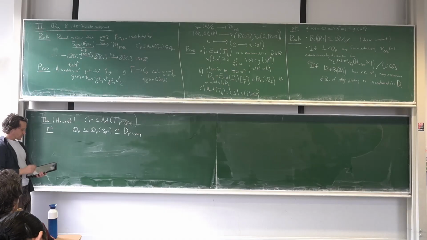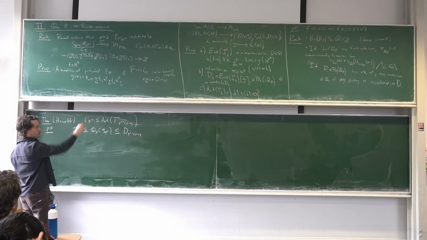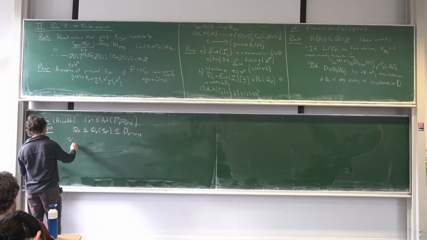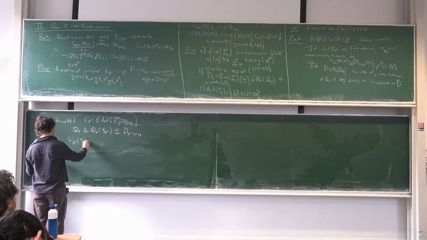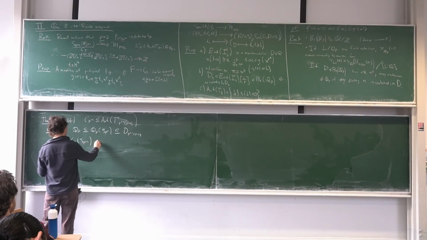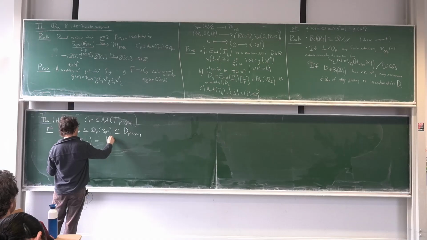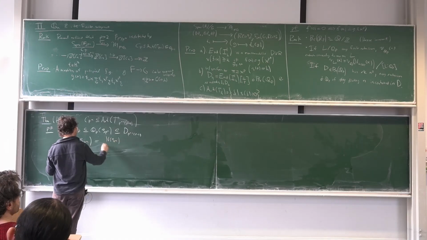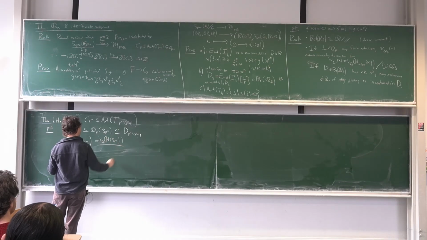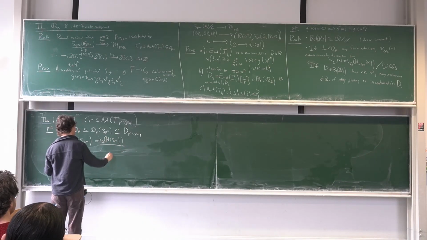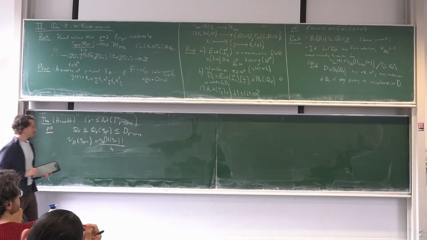Okay, and I can compute its valuation using that formula. So if I want to compute the valuation of this primitive root, well, first I take the norm of it, and then I take the valuation in Q_p and divide by the height. We'll just call it h for now.